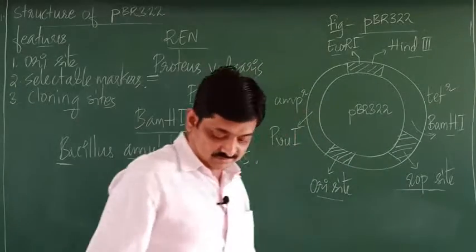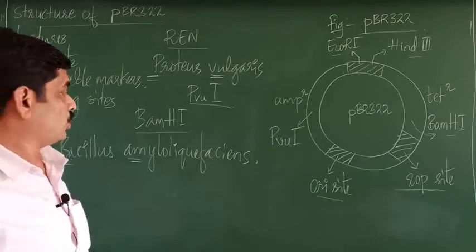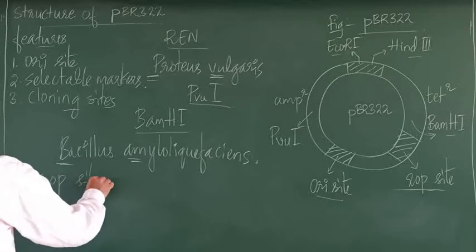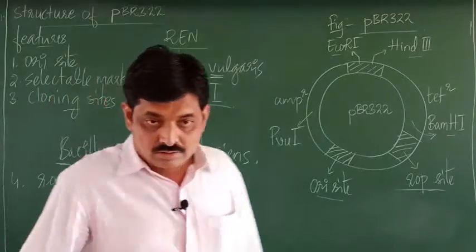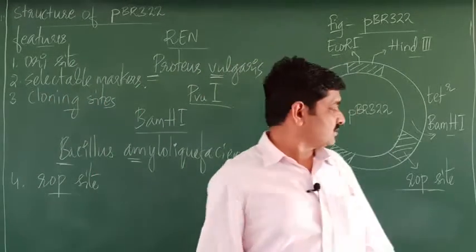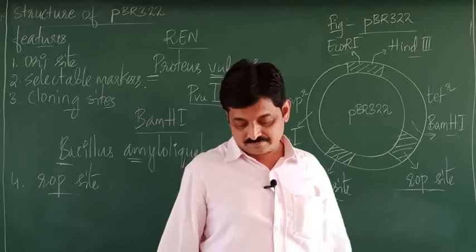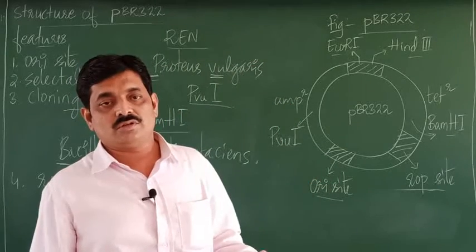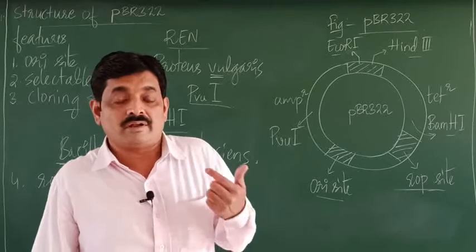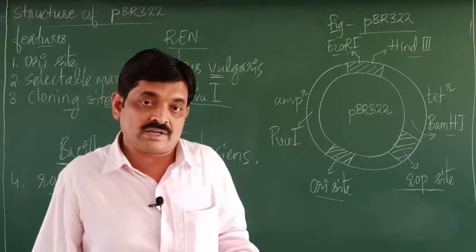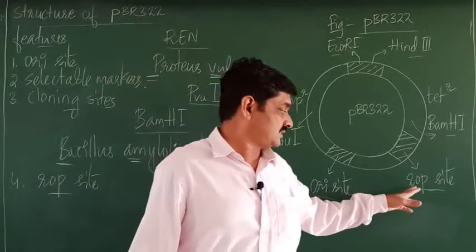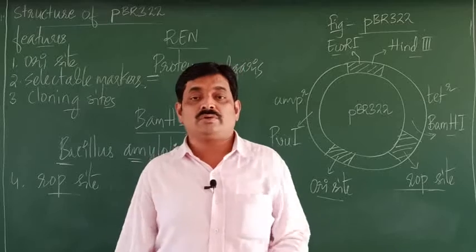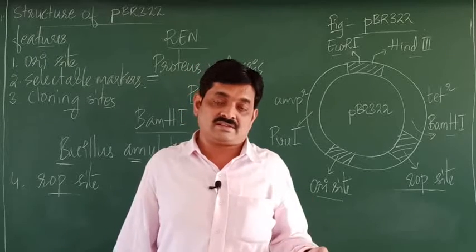Then another feature is the ROP site. What is the role of this ROP site? This is the site that codes for the synthesis of protein required during replication. This site codes for a protein which is essential during replication of the plasmid.